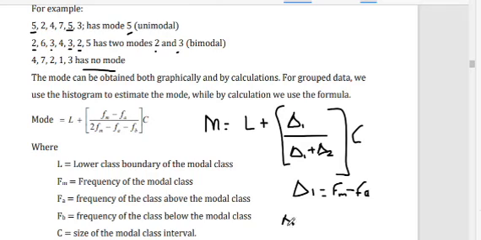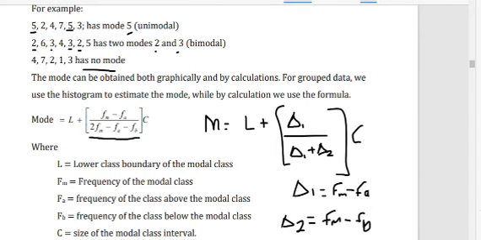Then D2 is equal to FM minus FB, where FB is the frequency below the modal class. So when you add D1 and D2 together, this is what's going to give you this.